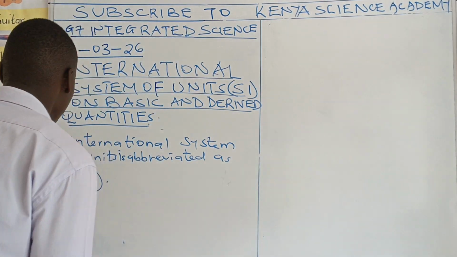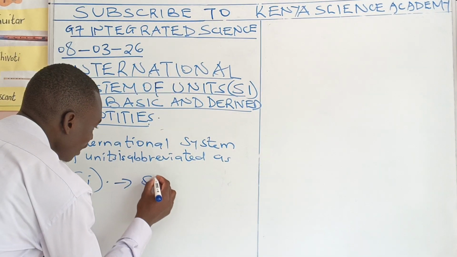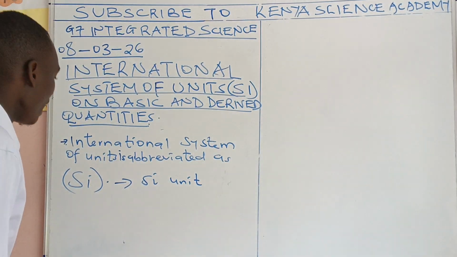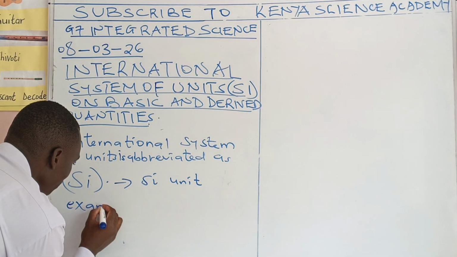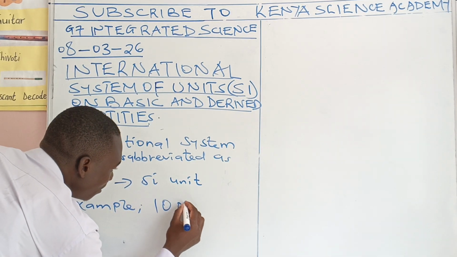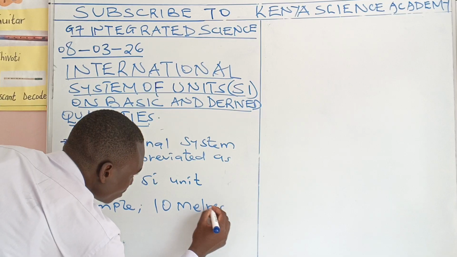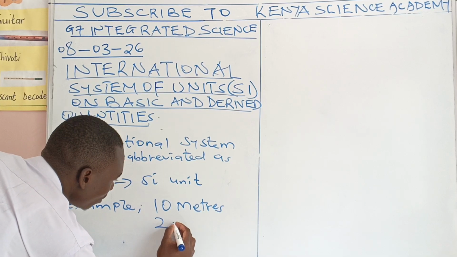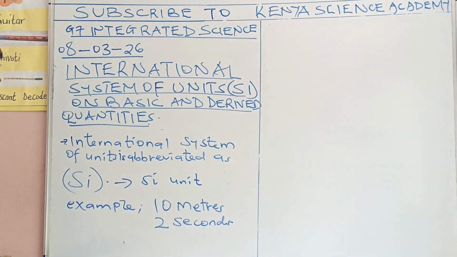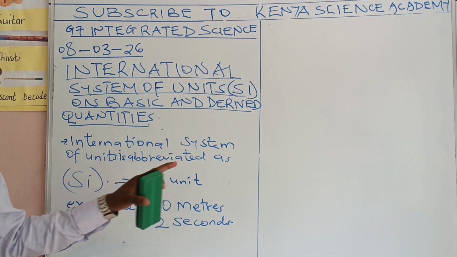That is why you'll hear about SI unit. Example of an SI unit: we have 10 meters, we have 2 seconds. So those are examples of international units.